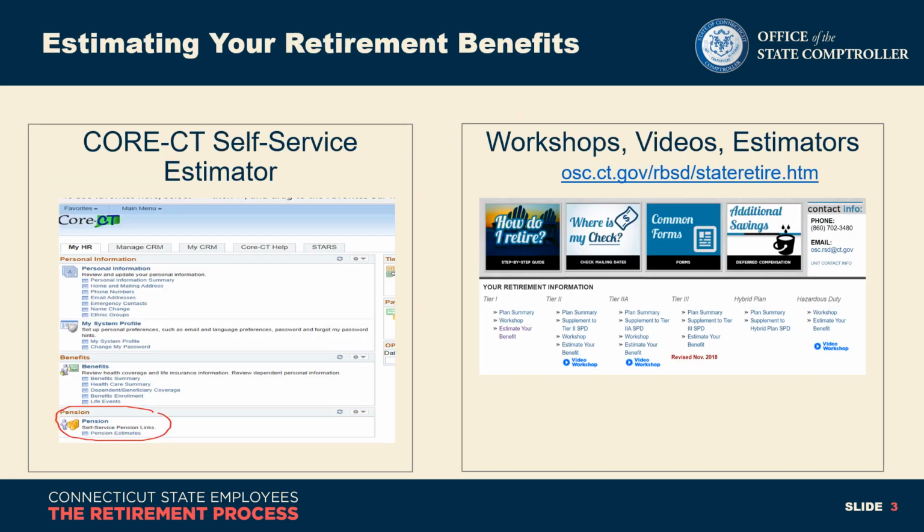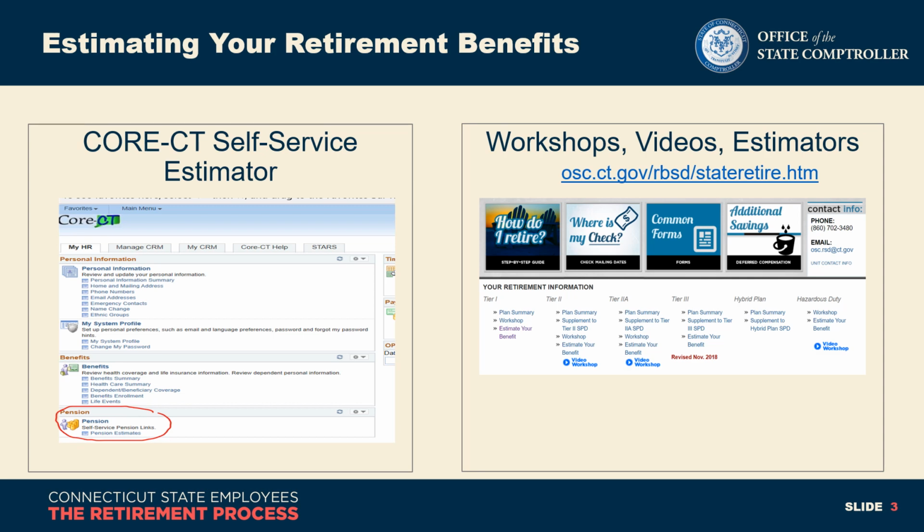Now, when it comes to determining how much your benefit would be for any non-disability retirements, we have resources to help you out. Many of you can get an estimate of what your monthly retirement income will be by using an online self-service estimator. We've made this tool available in Core CT to the majority of employees who are currently eligible to retire or will be in the near future.